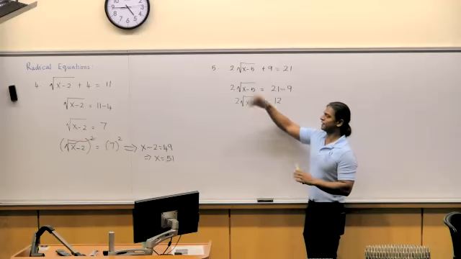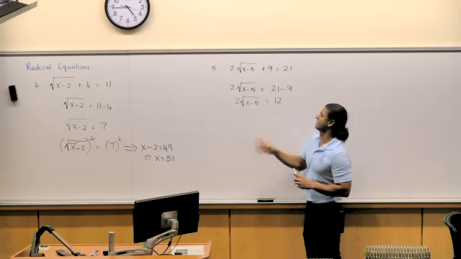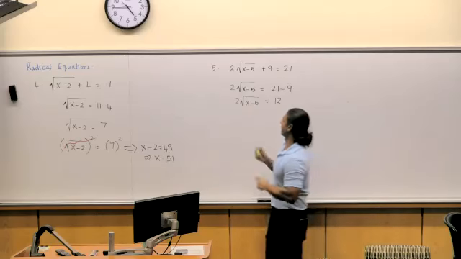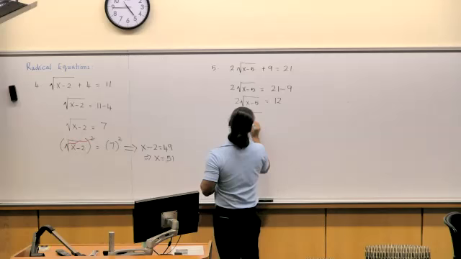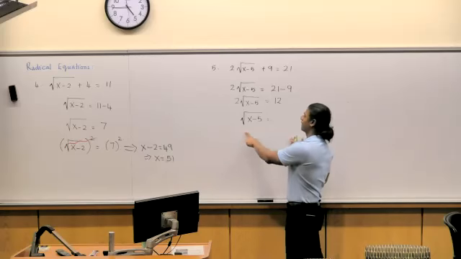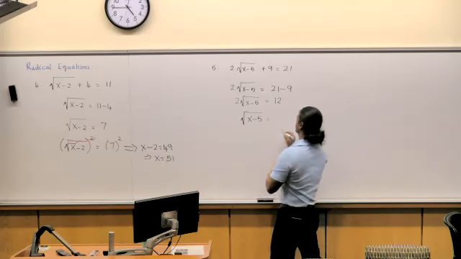Somehow the 2 just disappeared and you guys did something when you went from here to there. So first step would be to divide by 2. Square root of x minus 5 would equal 12 divided by 2, which is 6.